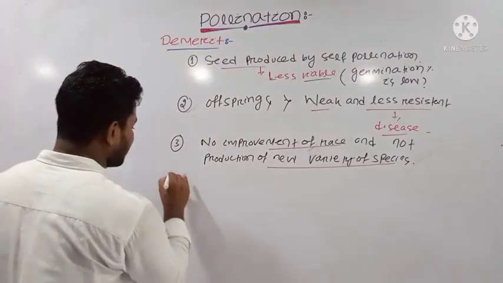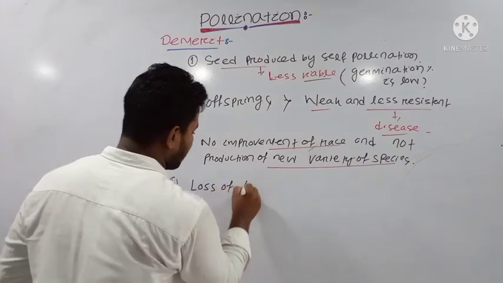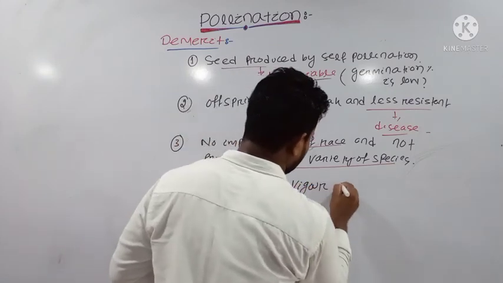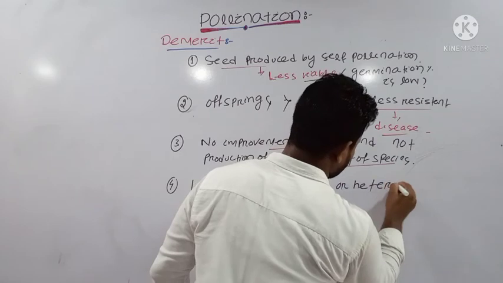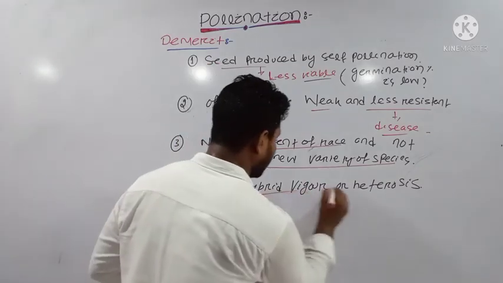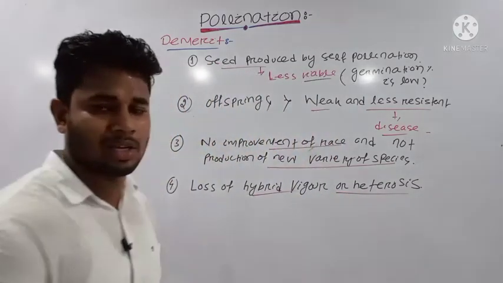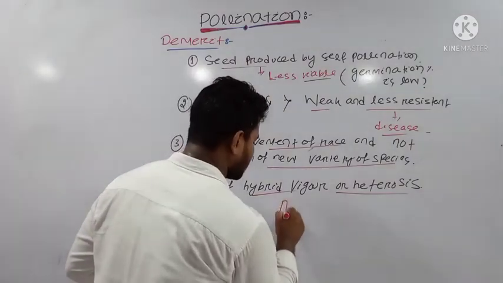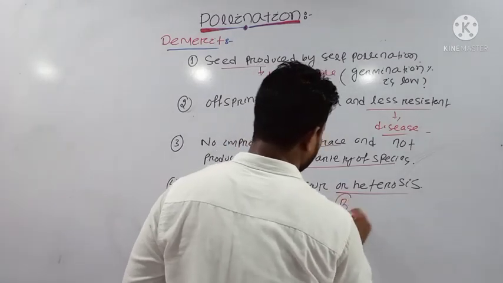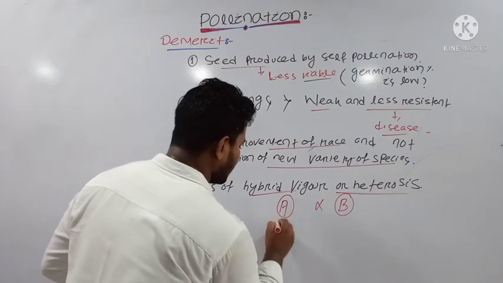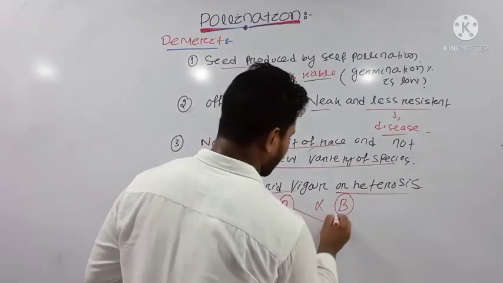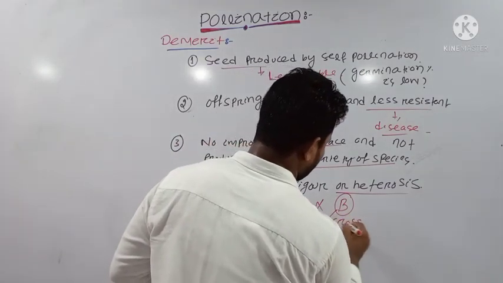Then there is another important demerit, the loss of hybrid vigor, which we also call heterosis. What is hybrid vigor? Suppose I take a plant A and cross it with plant B. When plant A is pollinated with its own pollen, it is self pollination, but when it is crossed with plant B, it is cross pollination.